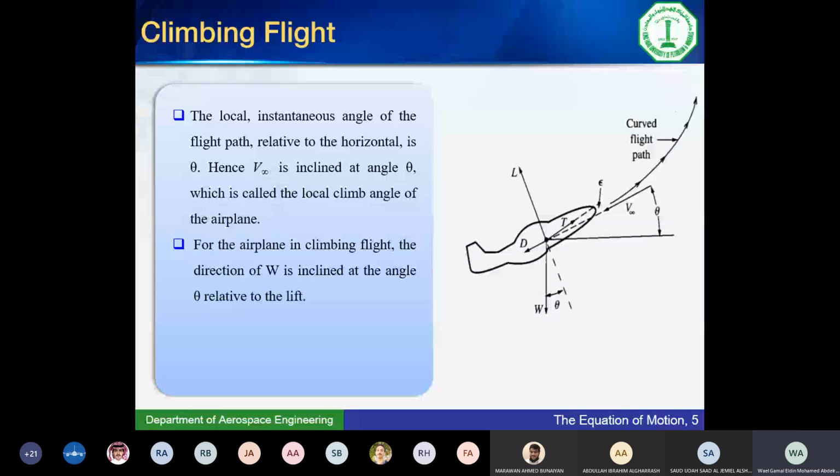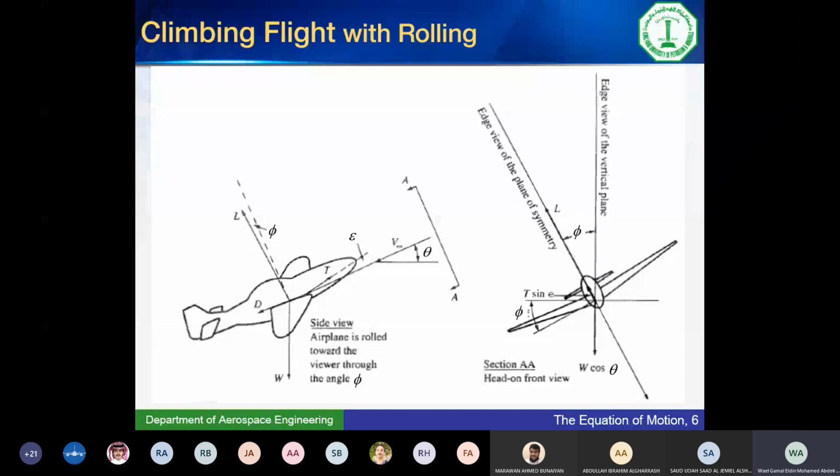Not only that, things can get a little bit more complicated. For example, for this condition, the thrust will have a component along the V direction of T cosine epsilon, and on the vertical would be T sine epsilon, which is okay. But what if the aircraft is not only climbing, but it's rolling to the right or to the left, one wing lower than the other wing? What if the aircraft is something like this?